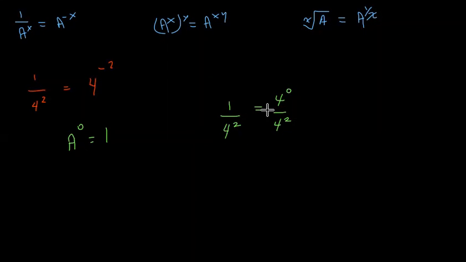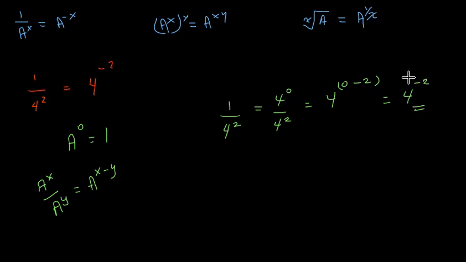Then, according to my other rule, a to the x divided by a to the y is equal to a to the x minus y. So this would be 4 to the 0 minus 2, wouldn't it? And that would just be 4 to the minus 2. Okay? So this is just one way of looking at it, kind of like if you're being asked to prove it. The truth of the matter is, this is the way the rule works.